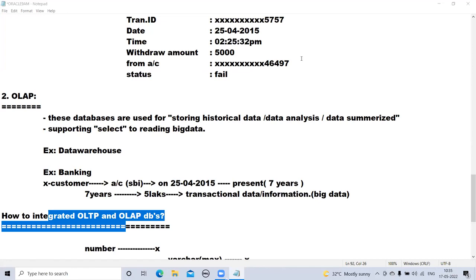To be a front-end developer, do I need DB Oracle? Definitely. As a front-end developer, you must have database knowledge. When you develop your front-end forms, sometimes we need to integrate them with the back-end applications.